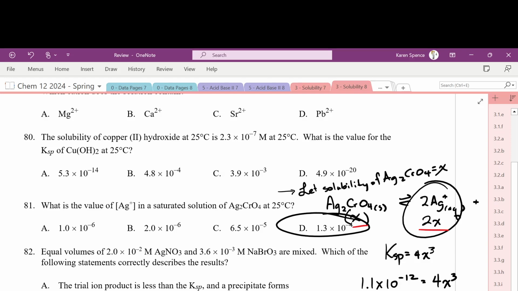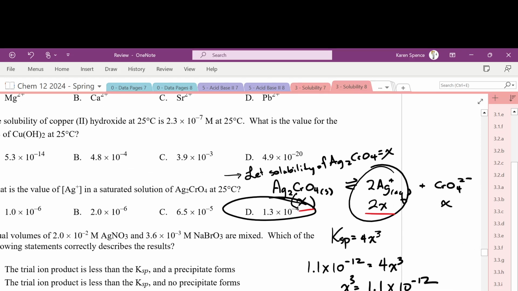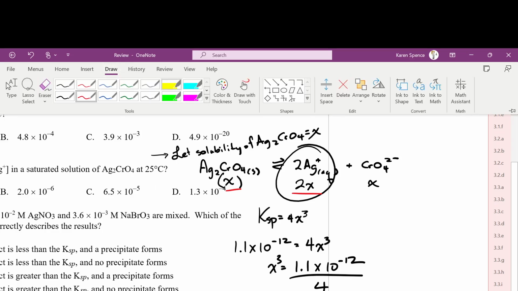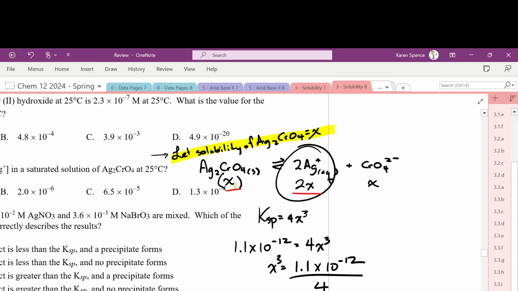So let the solubility equal X. And that means that our concentration of Ag2CrO4 is X. Silver is going to be 2X. We can go through the whole rigmarole, or we can just, for multiple choice, remember that KSP is equal to 4X cubed.